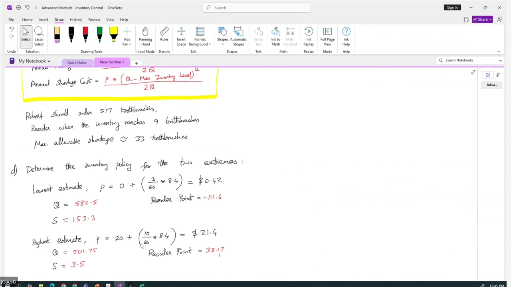Okay, total variable cost is changing. And why is it changing? It is primarily because of the change in the shortage cost. This is the lowest possible estimate for the shortage cost. This is the highest possible estimate for the shortage cost. Because of the change in the shortage cost, my total cost is changing. Agreed.